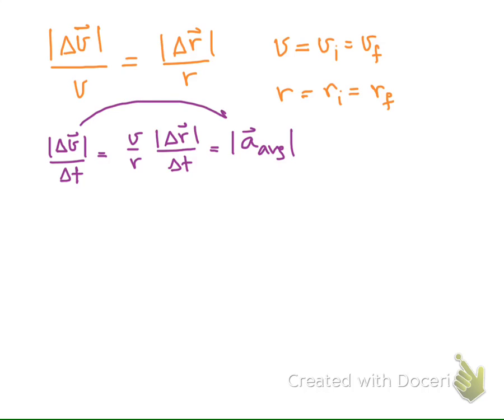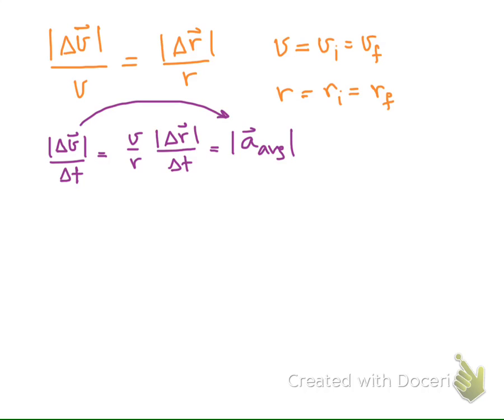So the average acceleration of the uniform circular motion is equal to V over R times the magnitude of delta R over delta t.